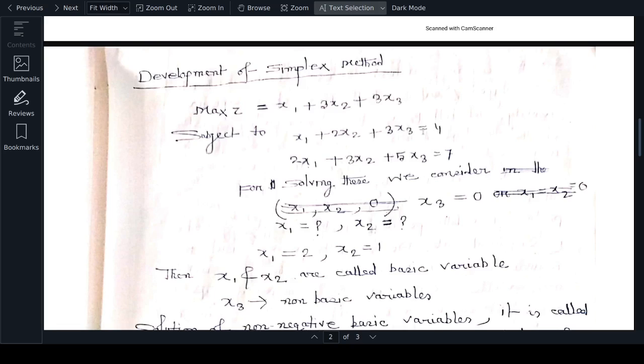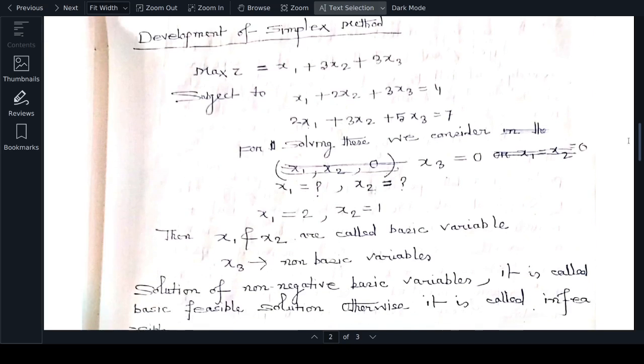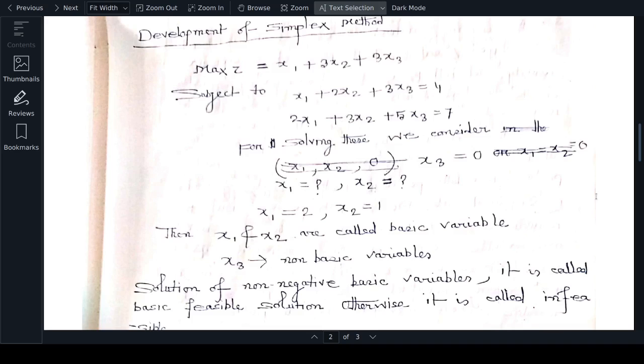After solving this, we get the x1 and x2 values. Then the x1 and x2 variables are called basic variables. Clear, Arbas?